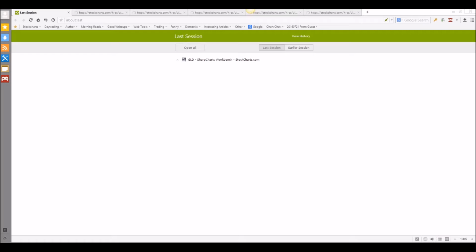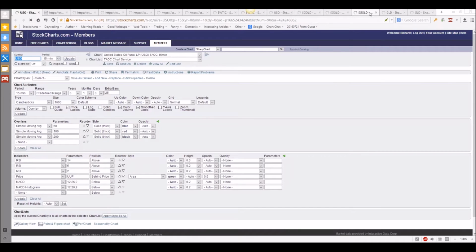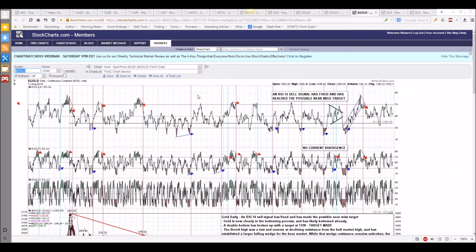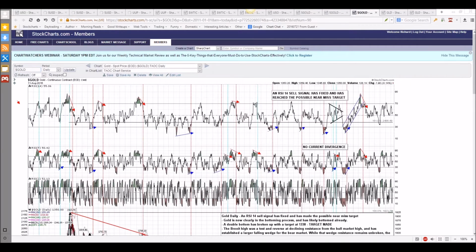Now, one way in which cycles are very useful is when you have two scenarios that you're looking at, and both of them look pretty good. And it can allow you to choose which one is the higher probability option. And actually, a very good example is on gold right now. Just wait for the chart to load.